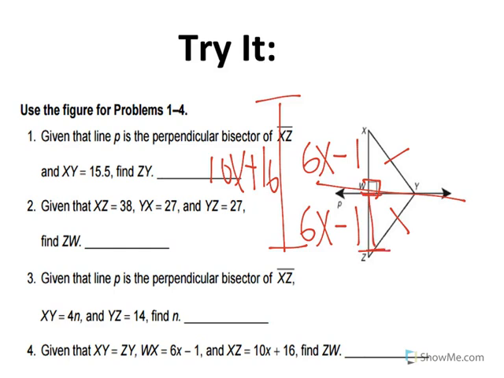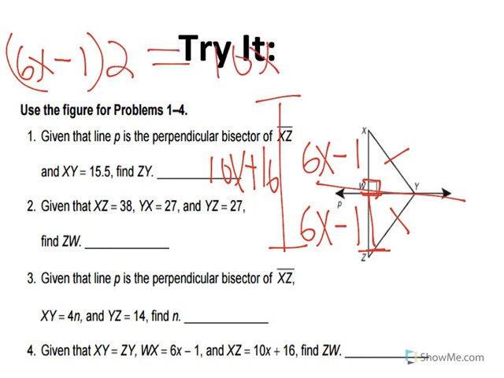Then we can set up our equation. We have two segments of 6x minus 1, so we multiply by 2: 2 times (6x minus 1) equals 10x plus 16. Using the distributive property, we have 12x minus 2 equals 10x plus 16.